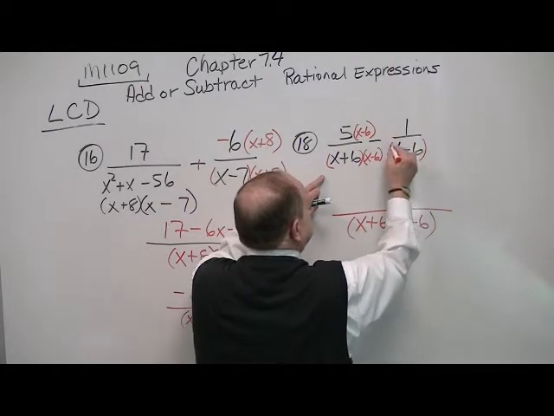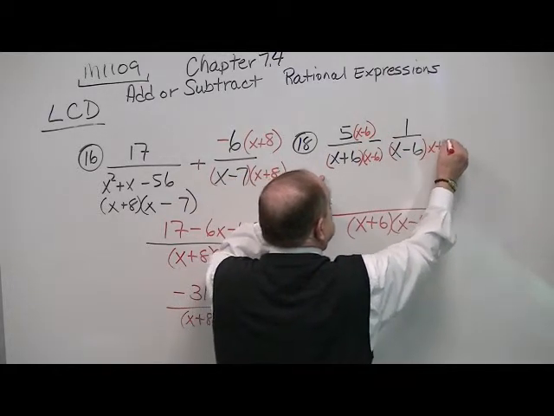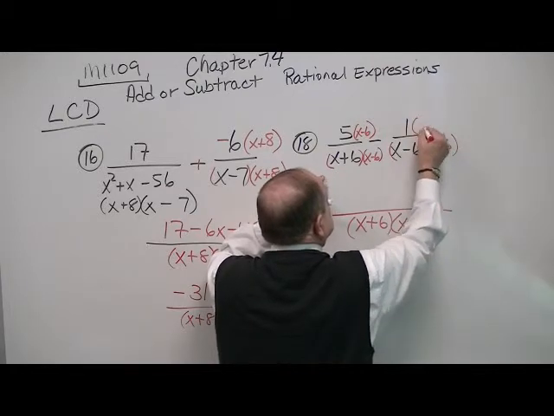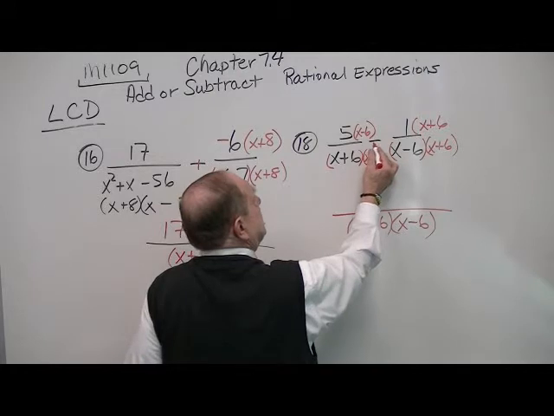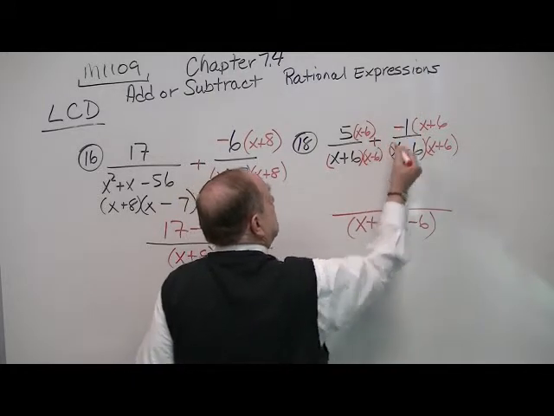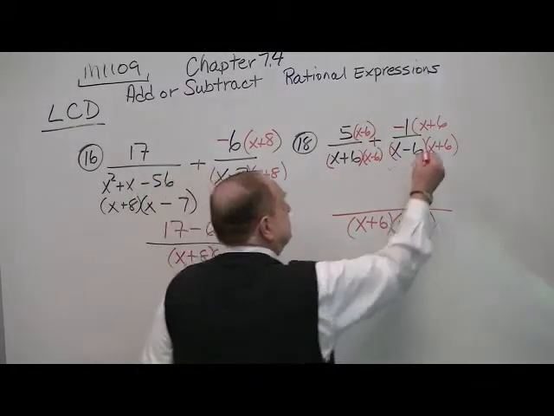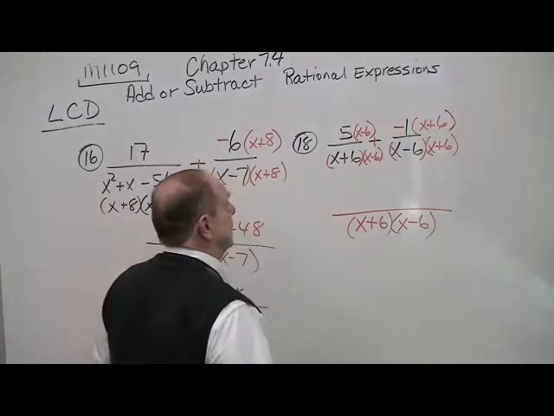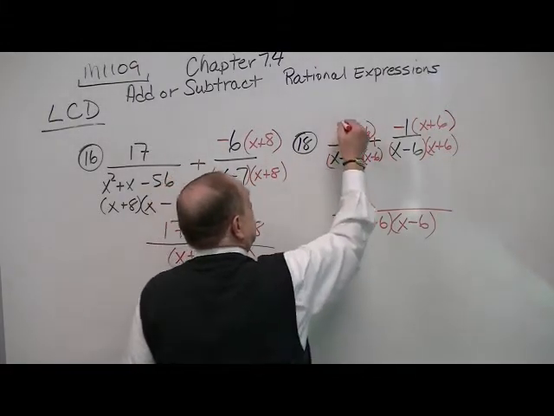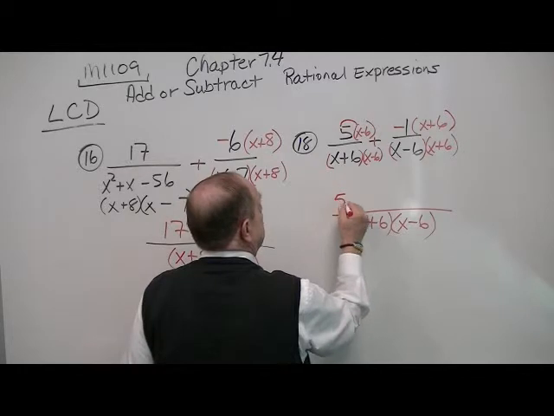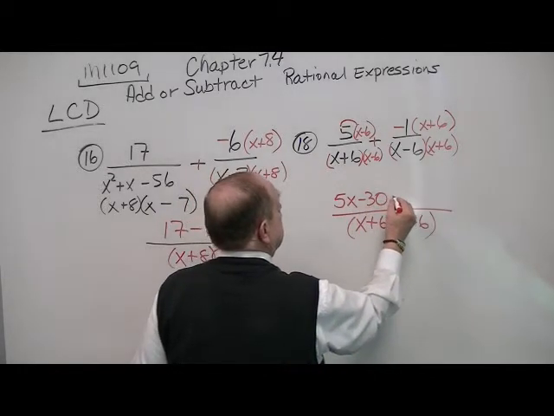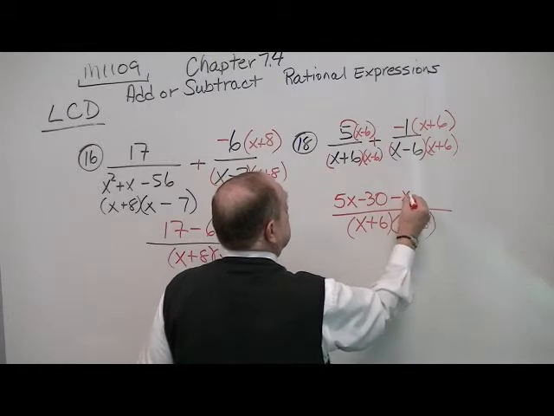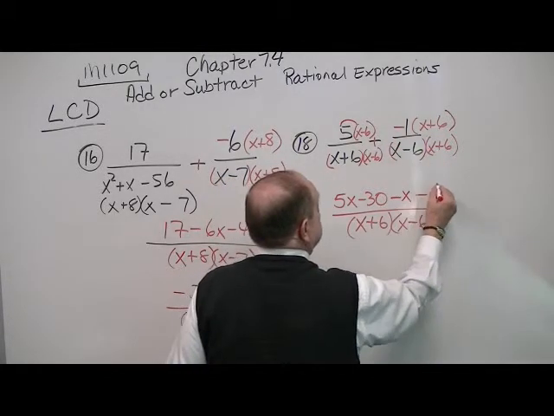This one needs to be multiplied by x plus 6. And so I don't get messed up with this negative sign, I'll make that positive and make that negative. So we now distribute: 5x minus 30 minus x minus 6.